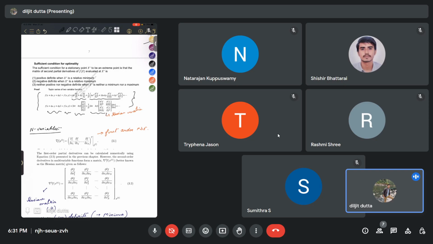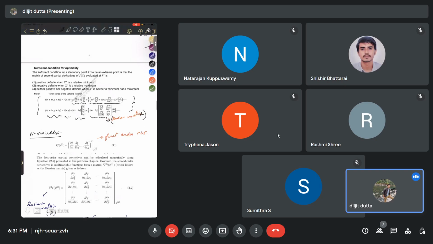In the single variable case, we directly got the second derivative, d square f by dx square, that is f double dash of x, when n is even. But in multivariate optimization, we have a Hessian matrix, where the function has second derivatives with respect to all the n variables, or here in this case only two variables.